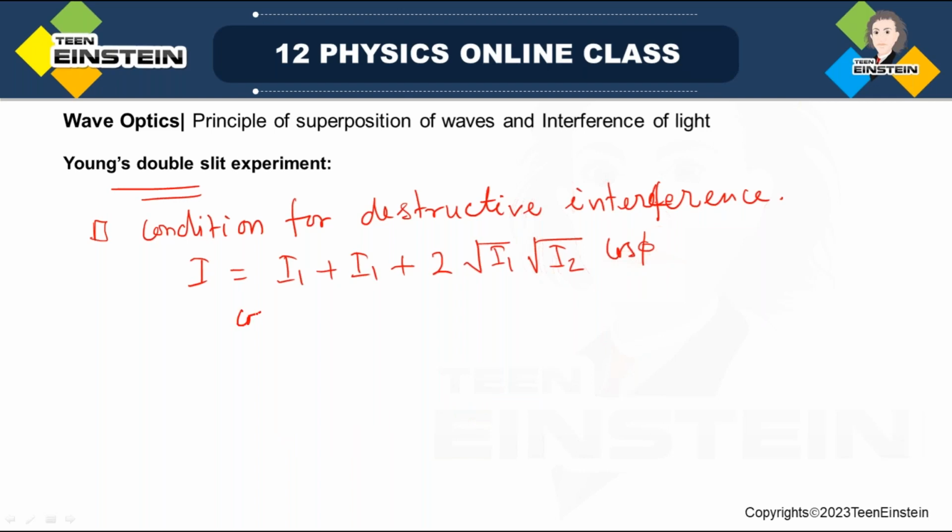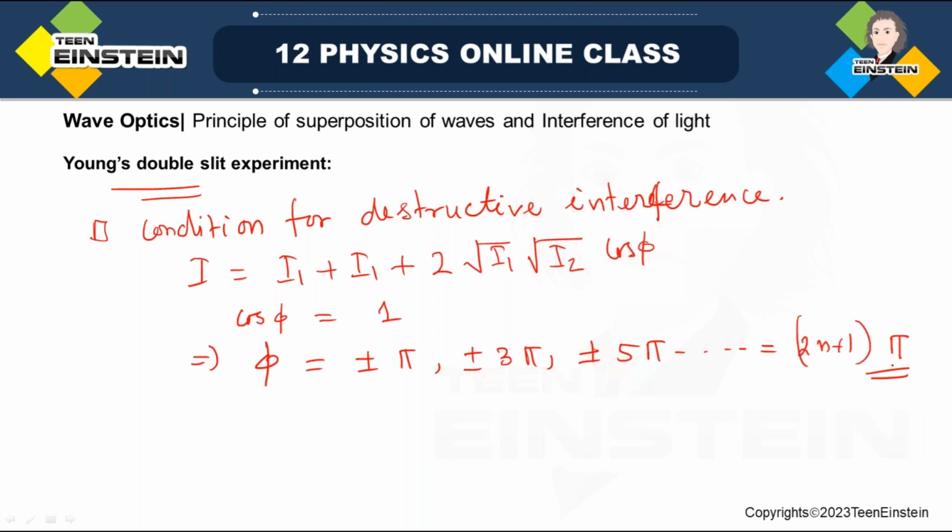So cos phi equal to -1 implies that phi is plus minus pi, plus minus 3 pi, plus minus 5 pi, all odd multiples of pi. Earlier I had written 2n pi, so here it will be (2n plus 1) pi. So for all odd multiples of pi we get -1.